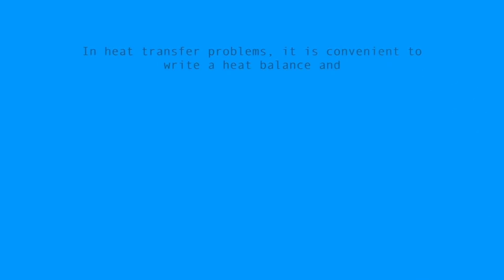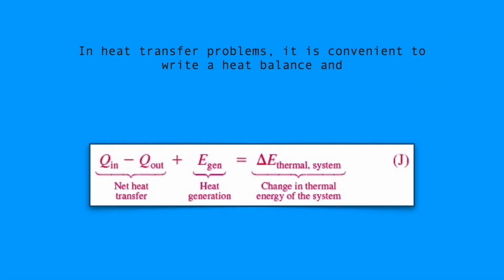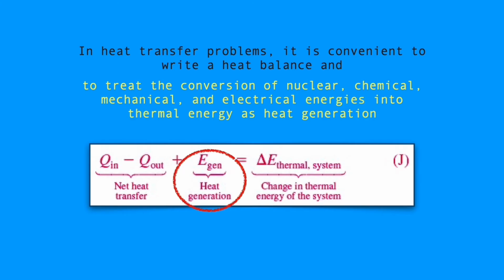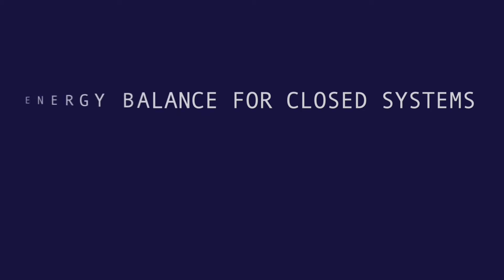In heat transfer problems, it is convenient to write a heat balance and to treat the conversion of nuclear, chemical, mechanical, and electrical energies into thermal energy as heat generation.